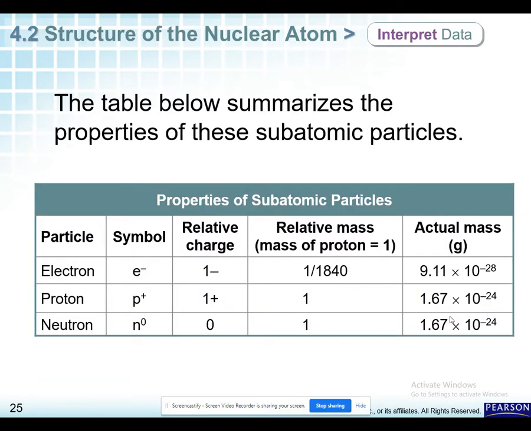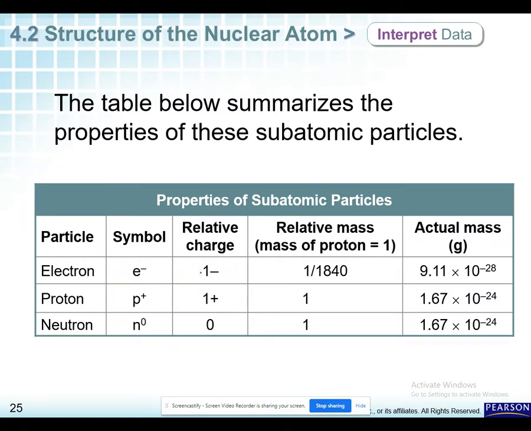So over here is a table that summarizes what we know about electrons, protons, and neutrons. If we're talking about electron, its symbol is e with a negative, so e stands for electron. The negative stands for it having a negative charge. p, proton, with a positive charge, because it's positively charged. And the neutron is the letter n with the 0, saying that it has no charge.